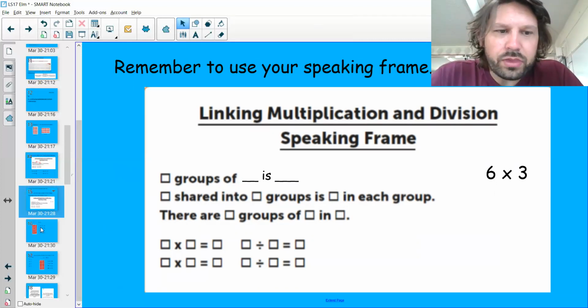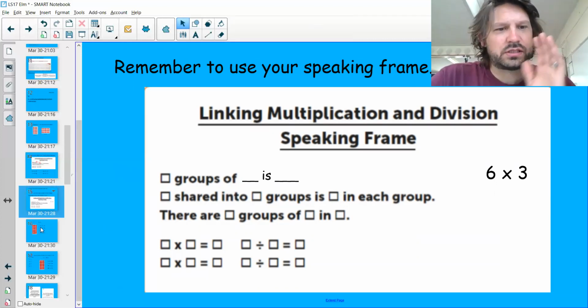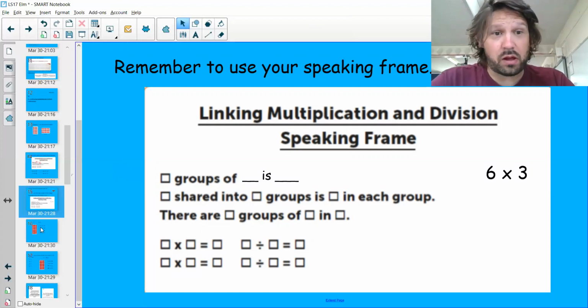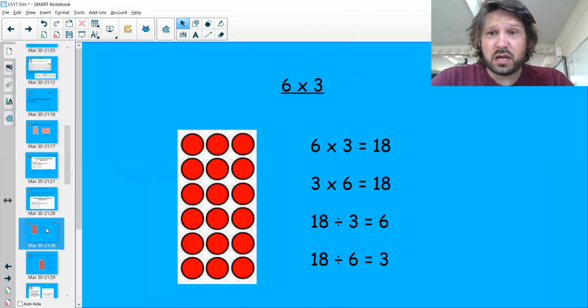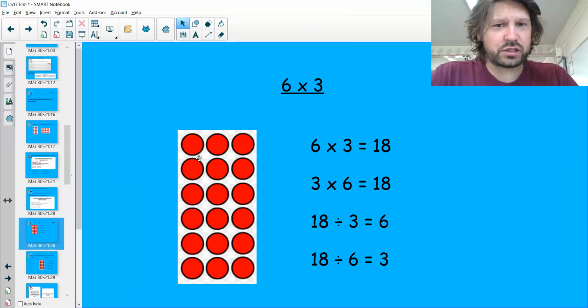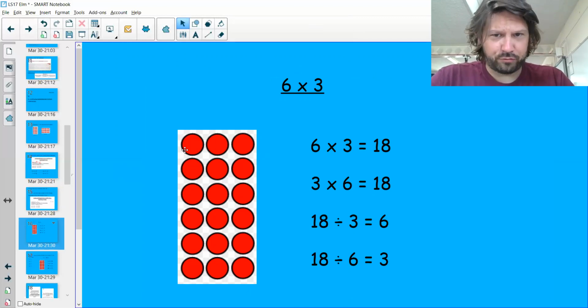Okay, fantastic. I hope you've done that. Now I just need you to check, so I'm going to show you the answers. Here I've done 6 down, 3 across, 6 times 3, in groups of 3 all the way down. 6 multiplied by 3 equals 18, and 3 multiplied by 6 equals 18.